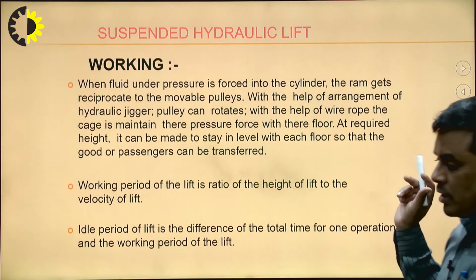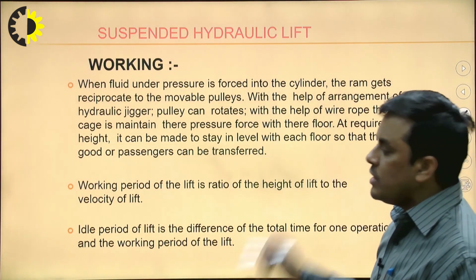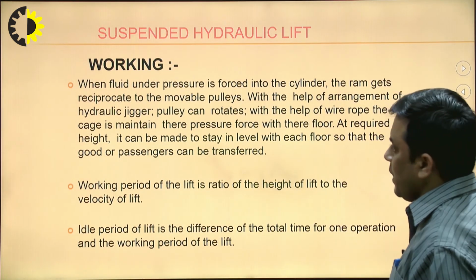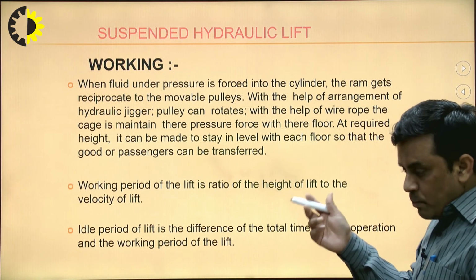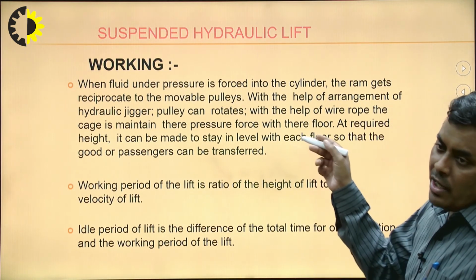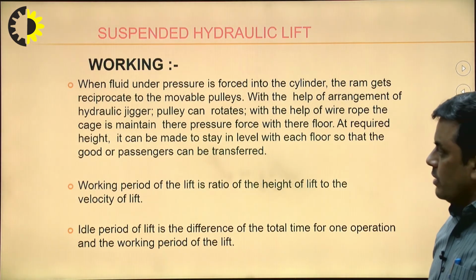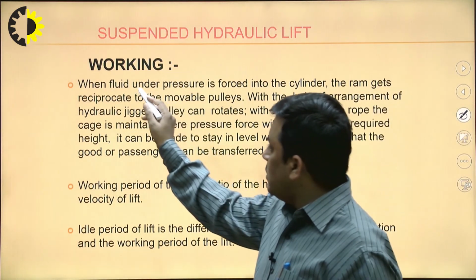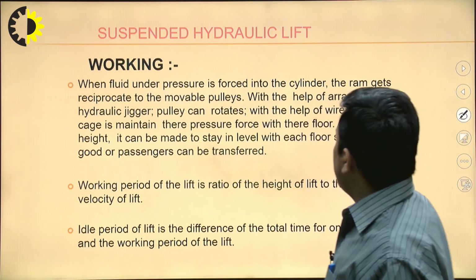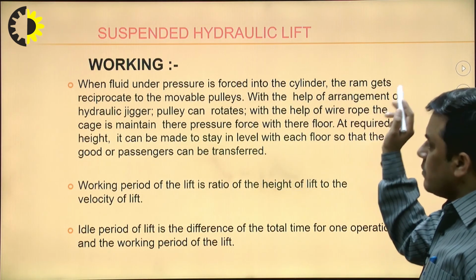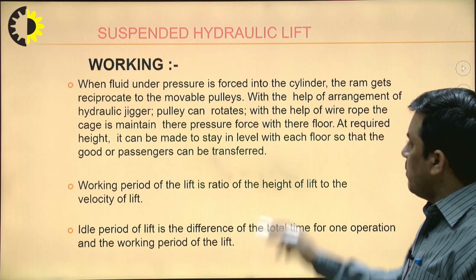Another one is the suspended hydraulic lift. Here the high pressure fluid is not directly coming into contact with the ram or platform, but it passes through a pulley and rope arrangement. That is why it is named suspended hydraulic lift. When fluid under pressure is forced into the cylinder, the ram reciprocates the movable pulleys.